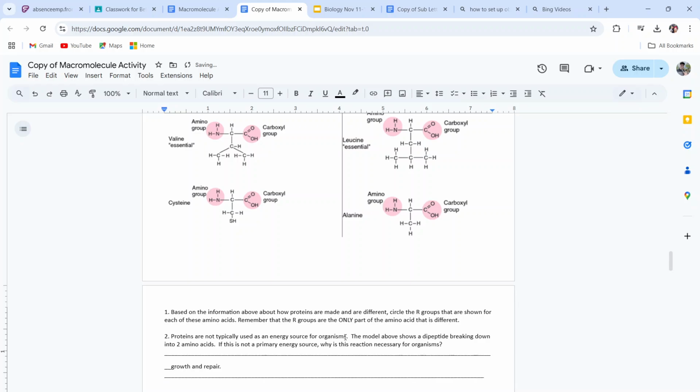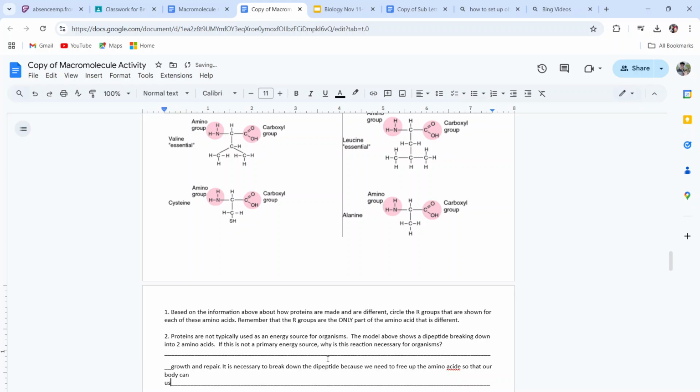Okay? However, it says that this dipeptide is breaking down into 2 amino acids. Why is this necessary? It is necessary to break down the dipeptide because we need to free up the amino acids so that our body can use the amino acids to make our own proteins.